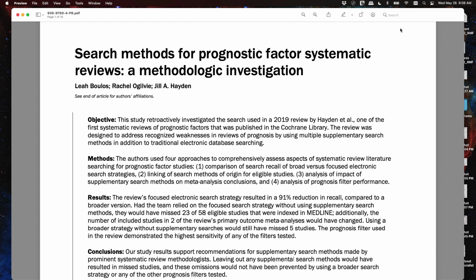Okay. Just to give a quick definition, the module says prognostic factor studies are aimed at investigating which factors predict or are associated with certain outcomes occurring during a certain time period in individuals within a certain health state.